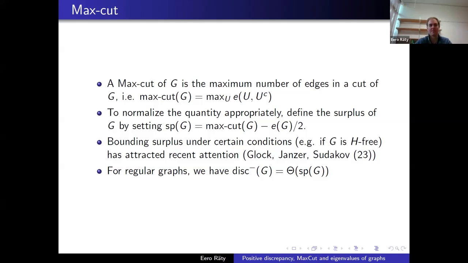And how does this relate to discrepancy? Well, it's quite easy to prove that for regular graphs, the negative discrepancy and the surplus are the same up to constant multiples. It's easy to see that if you have a cut which is large, it has many edges between the two vertex sets.